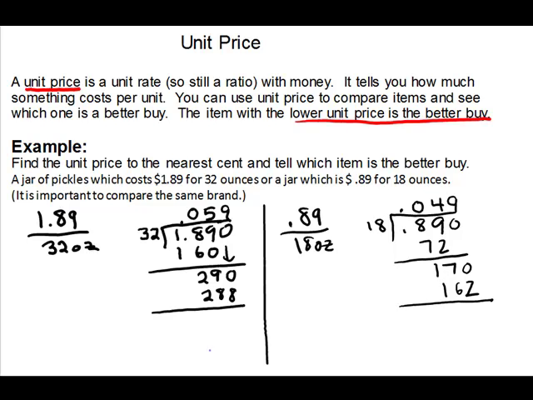Now we'll compare the two unit prices to see which is the better buy. For the 32 ounce, it is 0.059 per ounce, and for the 18 ounce, it is 0.049 per ounce. The lower unit price is the better buy. So the 18 ounce one is the better buy.